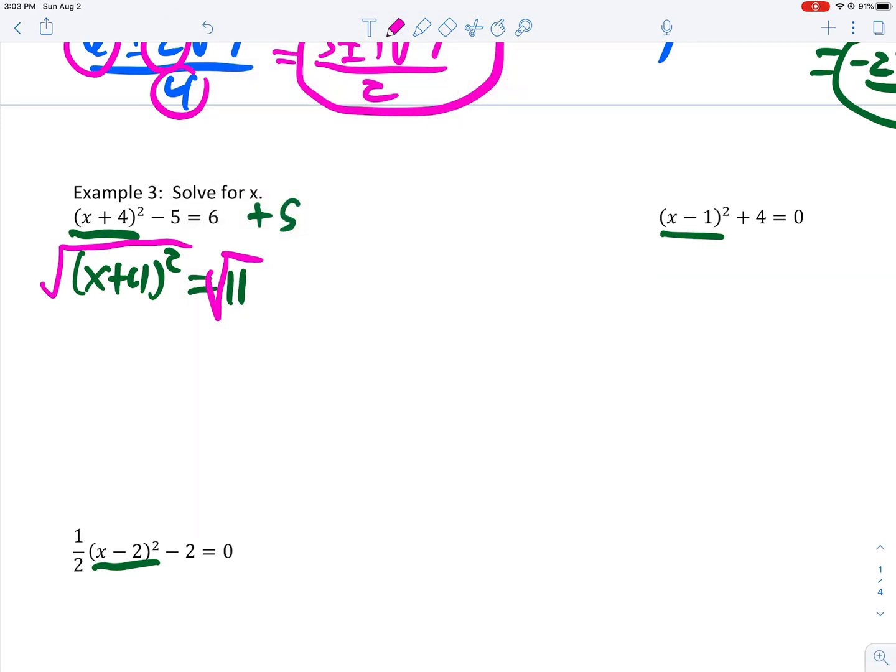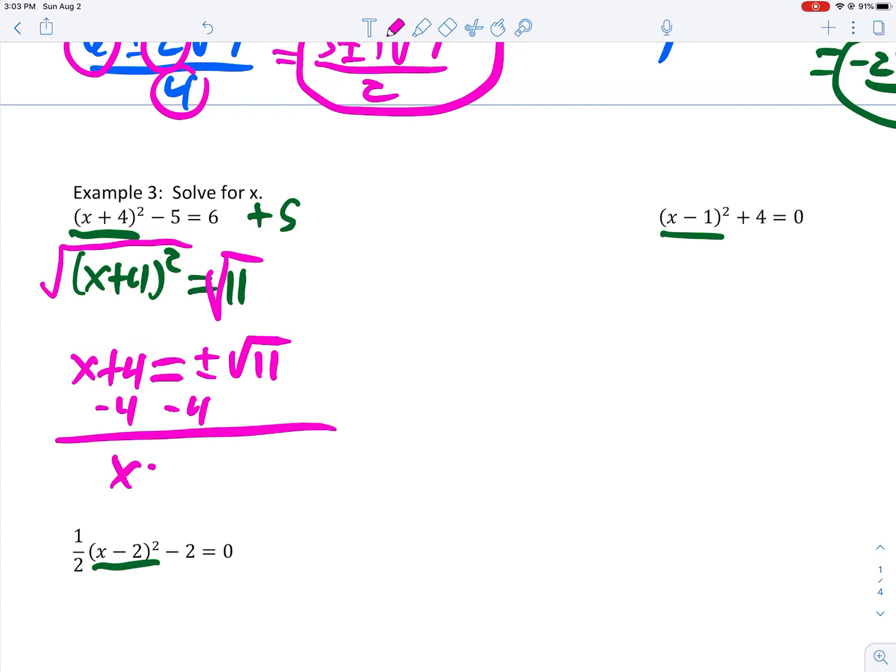So now I can square root both sides. So you get x plus 4. But remember, when we're solving an equation and we're using square roots, we get the plus and the minus. Root 11 can't be simplified. Right? 11 is prime. There's nothing we can do to break it down. So we can subtract 4.